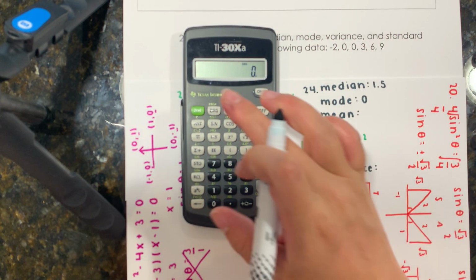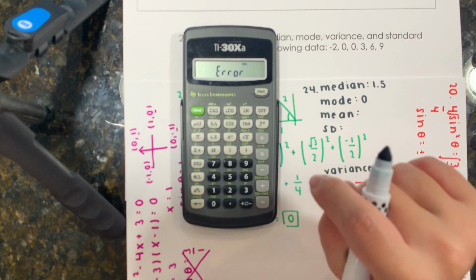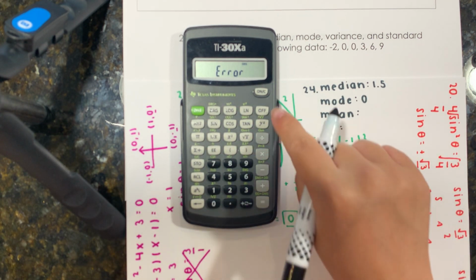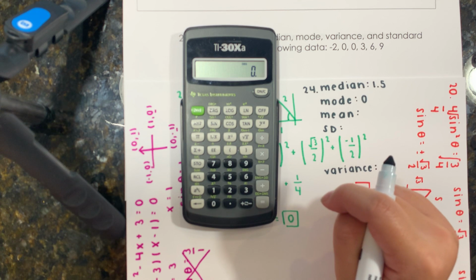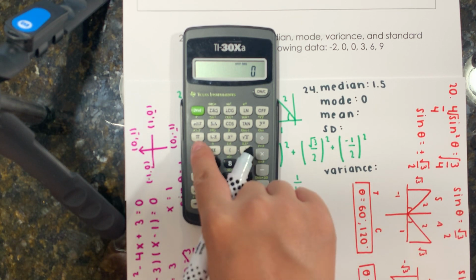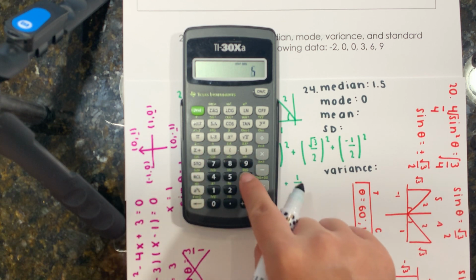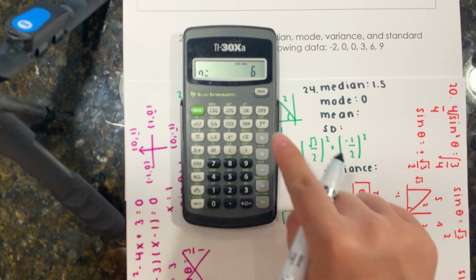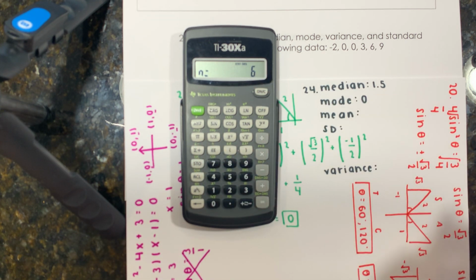Now we have to use our calculator. So I'm going to do second 7. It says error. That means there is nothing stored in my calculator. Now I'm going to input my variables. So I'm going to start with negative 2, then 0, then 0, 3, 6, and 9. So I should have 6 variables plugged in.